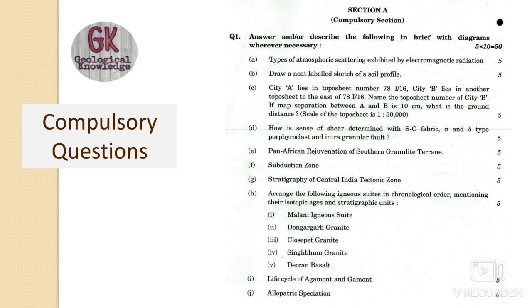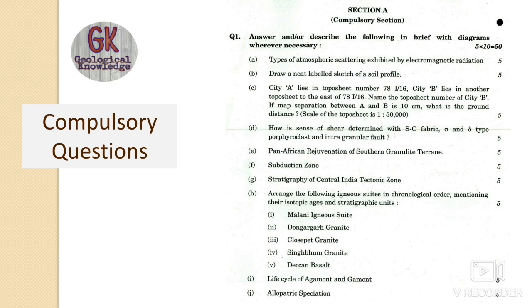Question number D: how is the sense of shear determined with SC fabric, delta and sigma type of porphyroblast, and intragranular fault. That is again a very important and interesting question, and if you know the topic of shear sense indicators, then you can answer it.